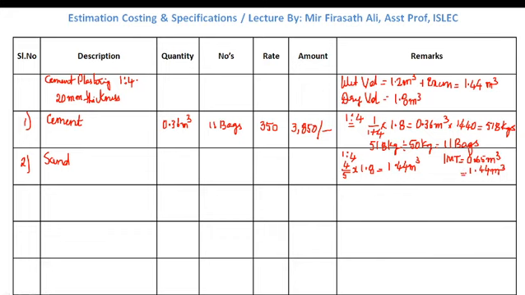1.44 divided by 0.65, which is equal to 2.21 metric ton. Okay, so the cost is 2.21 metric ton into around 2000 rupees.